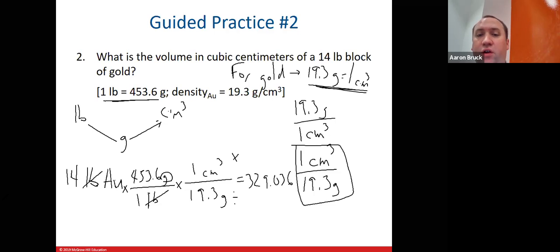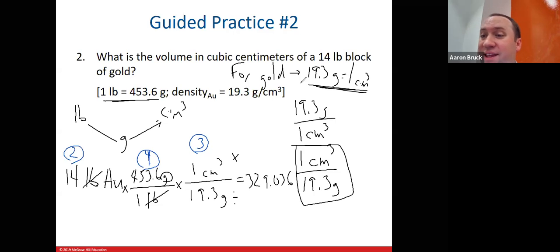My significant figure rules would tell me that I need to use the fewest sig figs possible. So I have 2 significant figures in my mass of gold. I have 4 significant figures in my conversion to grams. I have 3 significant figures in my density.